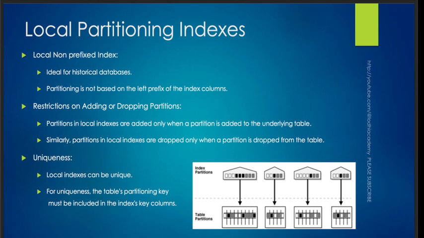Instead, new partitions are added to local indexes only when you add a partition to the underlying table. Likewise, you cannot explicitly drop a partition from a local index. Instead, local index partitions are dropped only when you drop a partition from the underlying table.